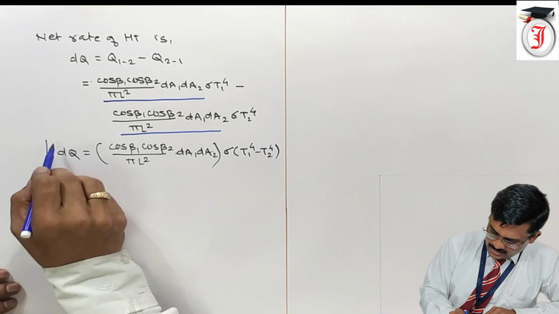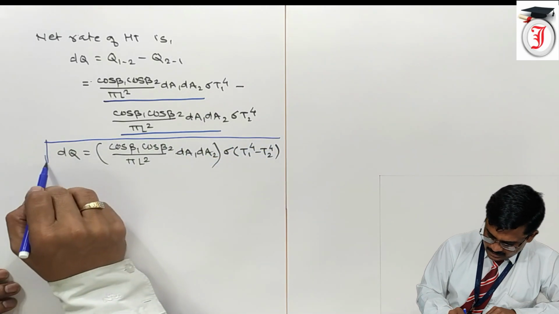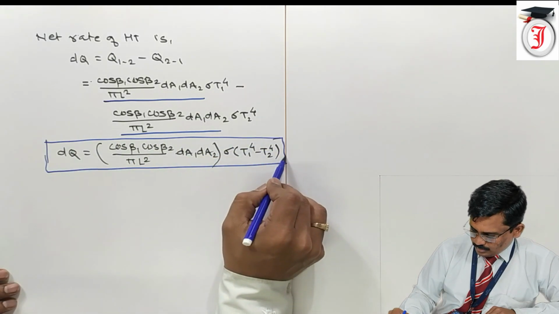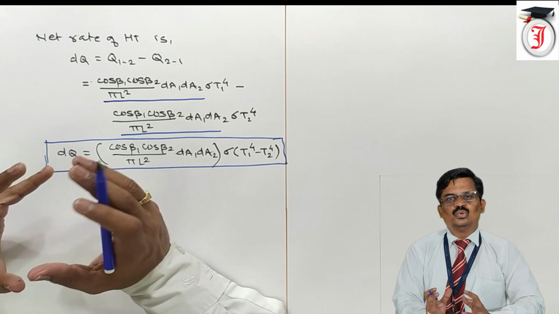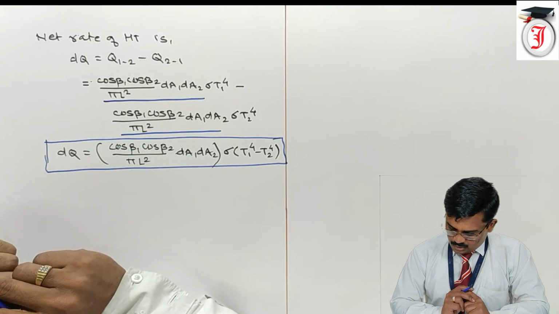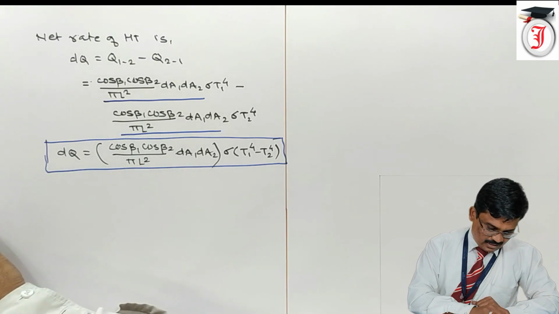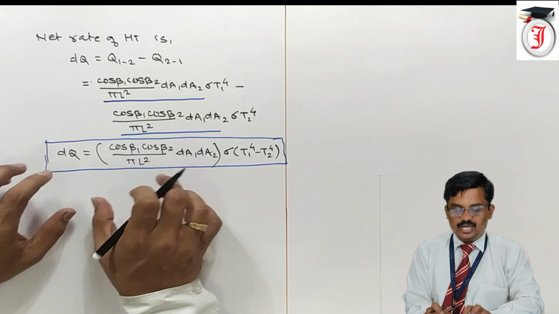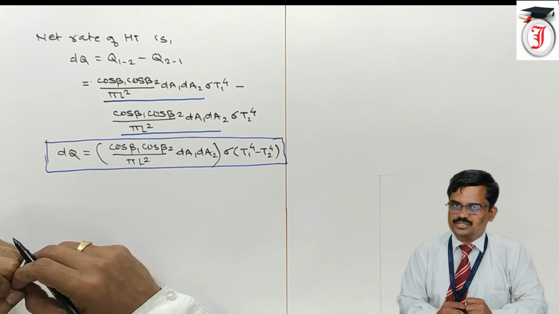So this is the net rate of heat transfer between the two black surfaces. This is determined for the differential surfaces.